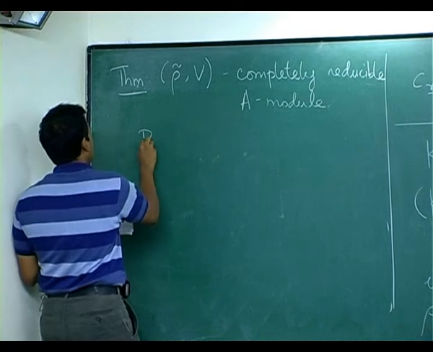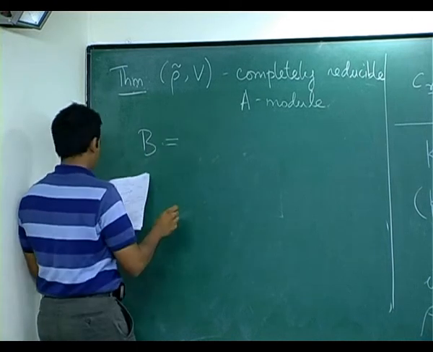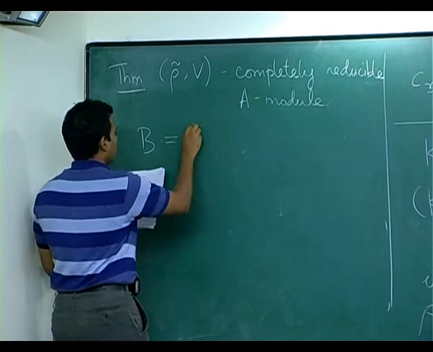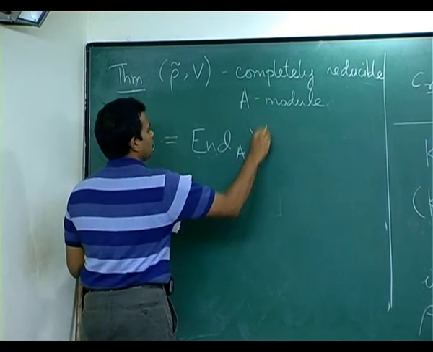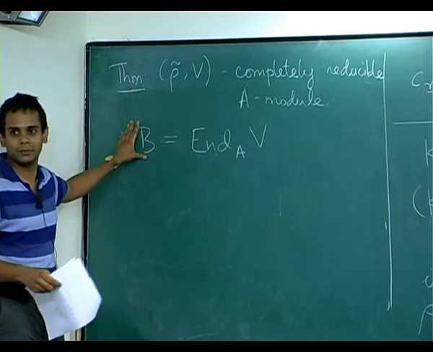Let B be the endomorphism algebra. So, this is just going to be the Schur algebra in our situation.